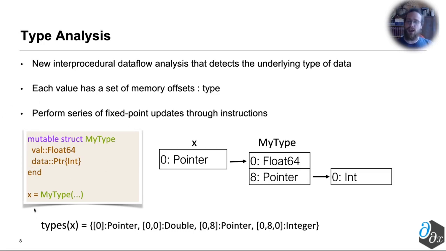We will represent that as a pointer itself because it is a mutable struct, at offset 0, and that will point to a Float64 at offset 0, and at offset 8 a pointer of integers. And if you turn on the debug information, you sometimes get printing of these nested structures, and this is basically encoding the same information.